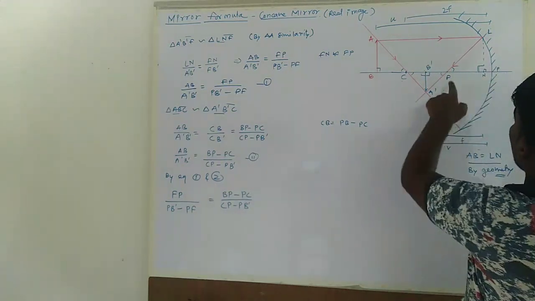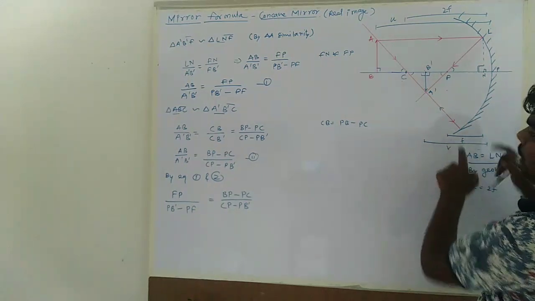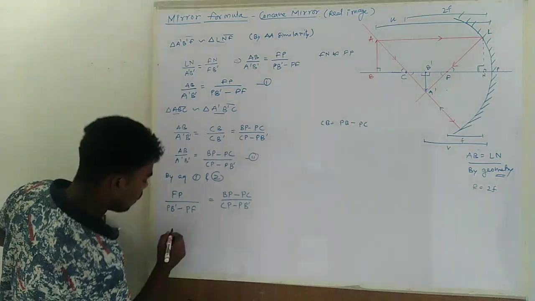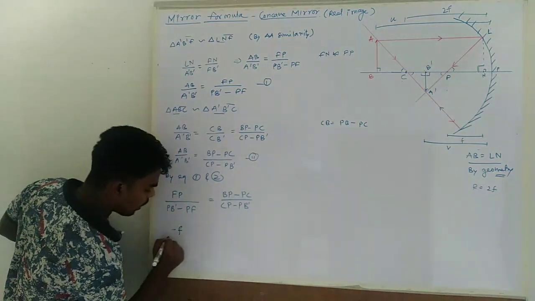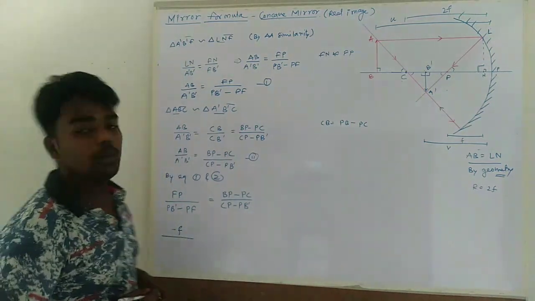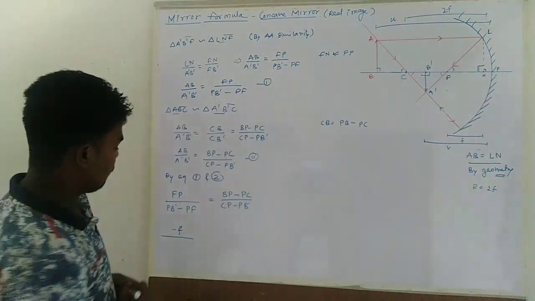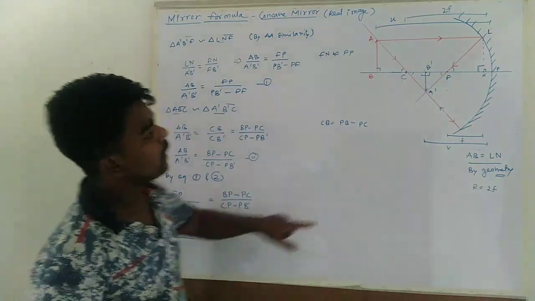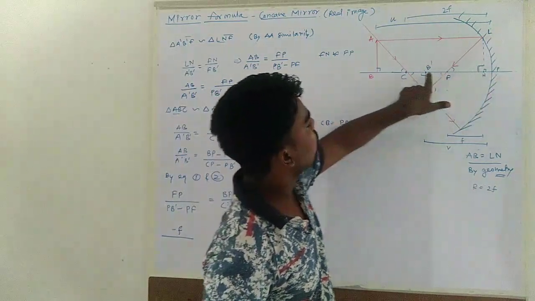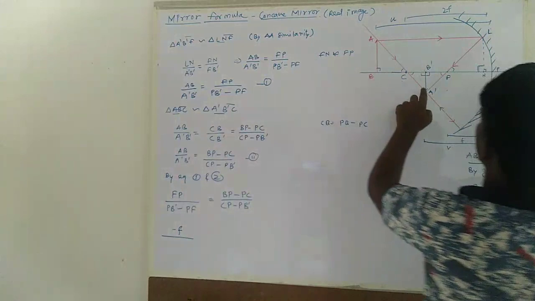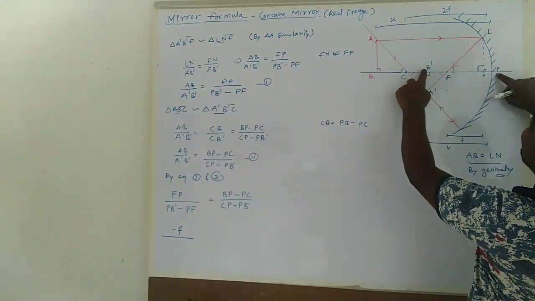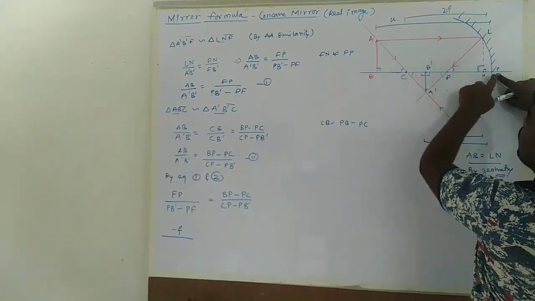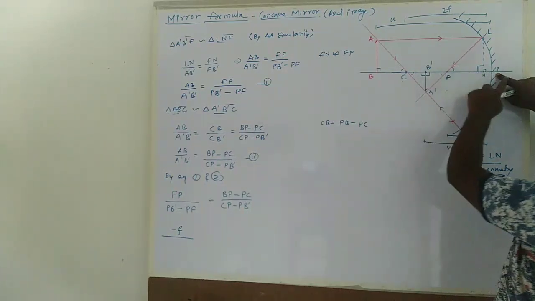So PF is how much distance? F. So in place of PF we will put negative F. And what is PB? P to B, this distance where the image is forming, is the image distance V, and this is also from the pole to the left.